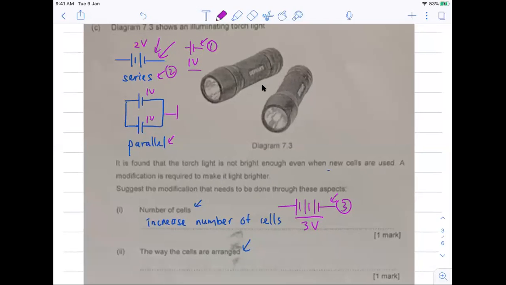In total, if you measure the voltage across the two, it's still 1 volt. Even if you connect like 3 battery in parallel, you still get 1 volt across them, measured like this. That's why we want the cell to be arranged in a series, because we want a greater voltage.